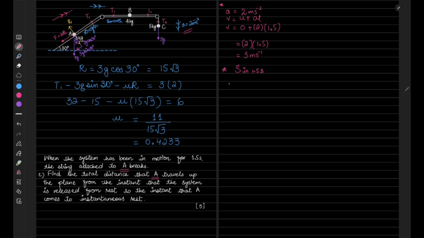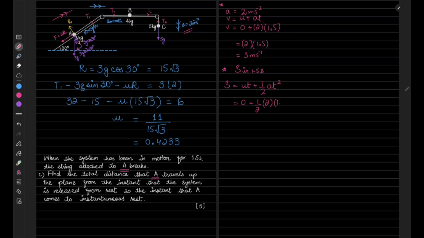And that gives you 3 meter per second. Now the distance covered, we are going to use another equation of motion, s equals to ut plus half at square. So initial speed was 0 plus half 2 times 1.5 square.